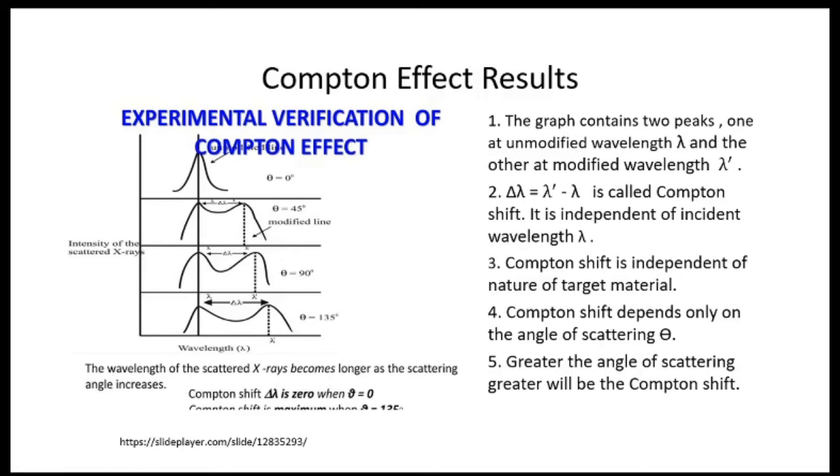You can also observe this in this particular figure. If the angle is 0, there is only one peak, and no modified wavelength is observed. But as you increase the angle, the Compton shift, this particular distance, which is the difference between the modified wavelength lambda dash and the original wavelength lambda, goes on increasing.